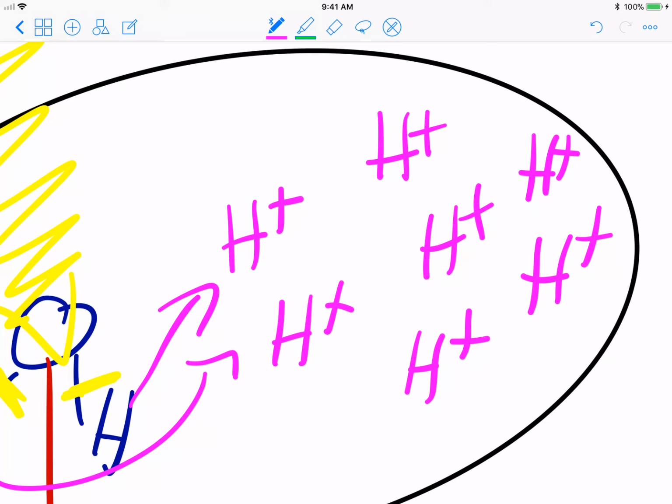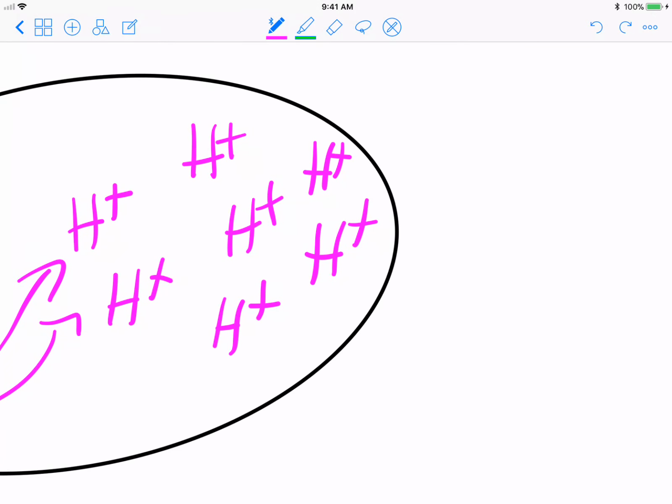Now, if we remember, the hydrogen has a positive charge. That's very important because what do 2 positive charges do to each other? They repel or push away from each other. Okay? So these hydrogens are bouncing around all over within the cell, repelling each other.